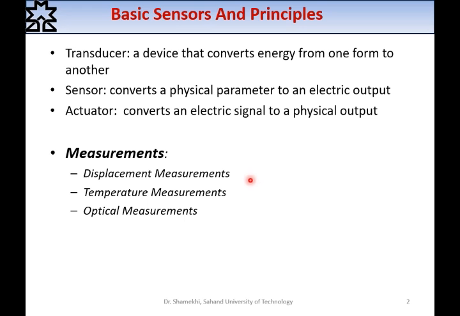As I mentioned before, a transducer is a device that converts energy from one form to another. A sensor converts a physical parameter to an electric output, and an actuator converts an electric signal to a physical output.